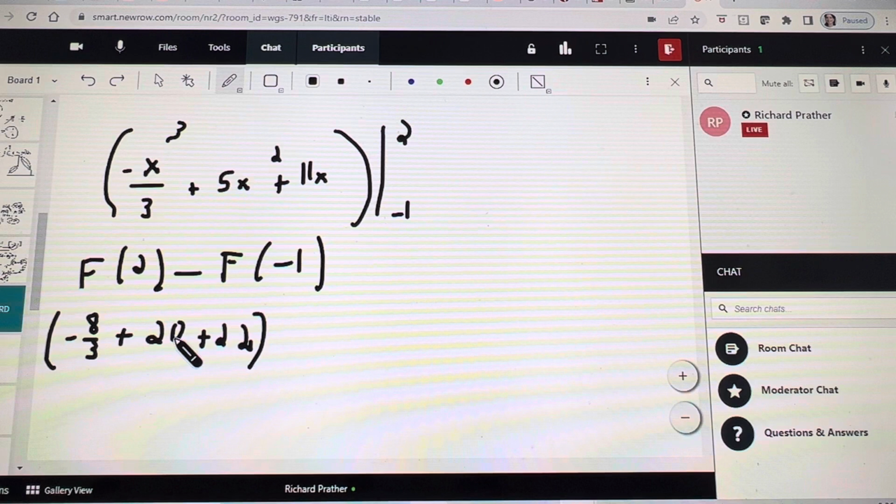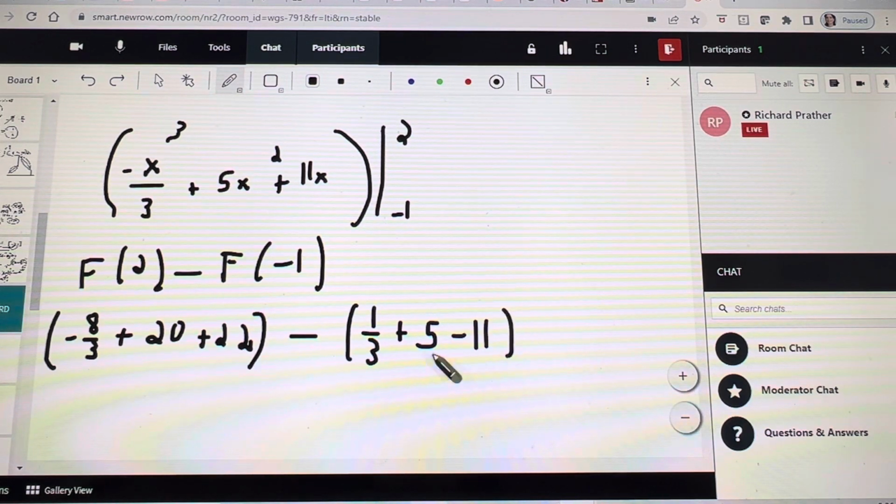That's big F of 2. Here comes minus big F of -1. -1 cubed is -1, but then this negative turns it into +1 over 3. -1 squared is 1 times 5 is 5. -1 times 11 is -11. You need to switch all these to the opposite.